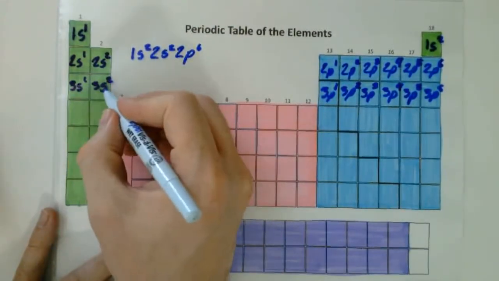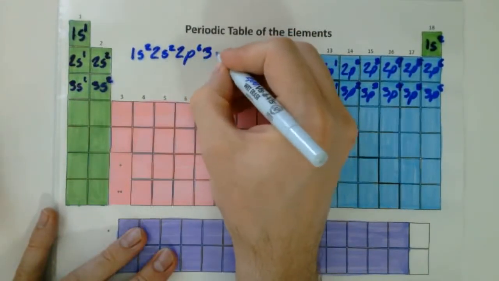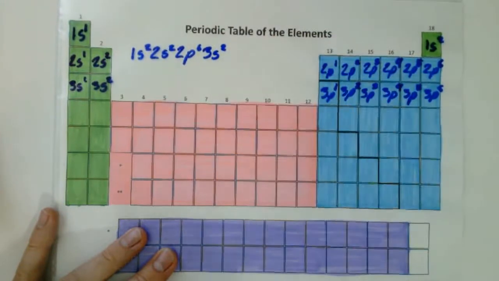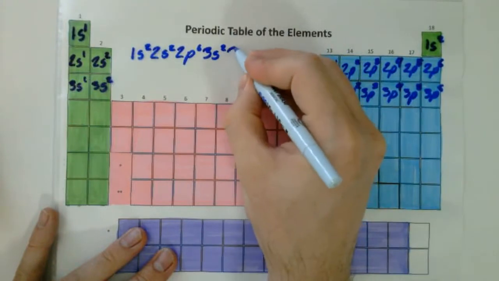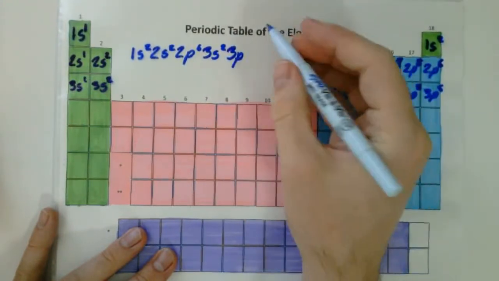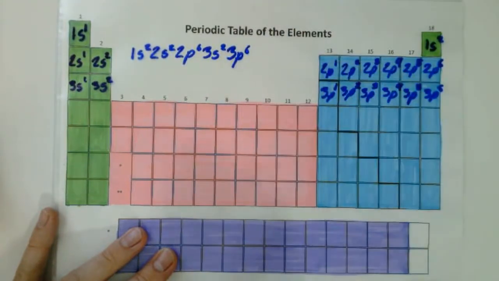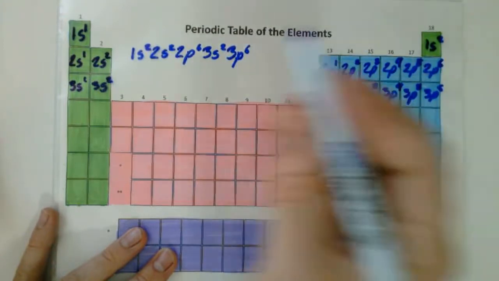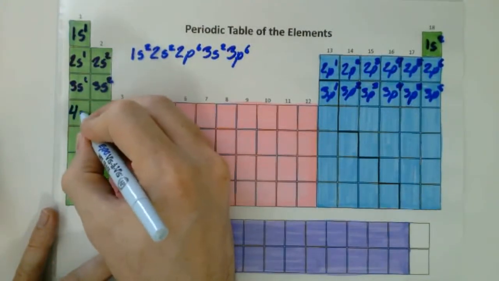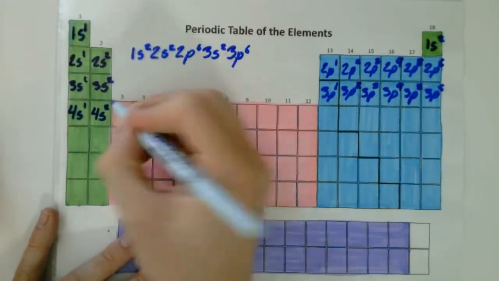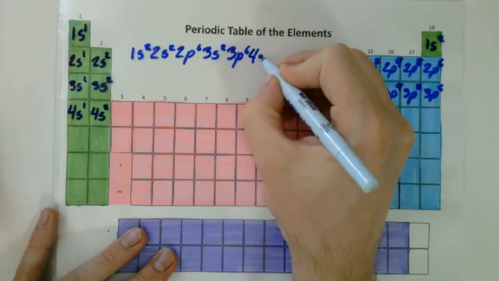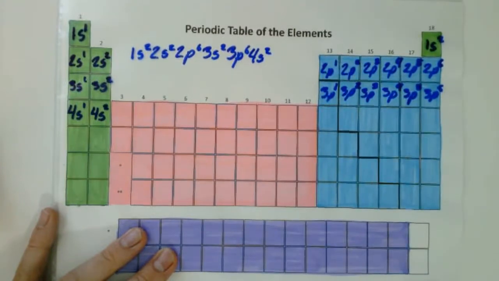And then we've got 2 electrons in our 3s, so that's 2 more, there are 12 electrons. 6 more electrons in our 3p, so that brings us up to a total of 18 electrons. And now we're going to go to our 4s, and we can put our 2 electrons in there. So we've got 20 electrons.